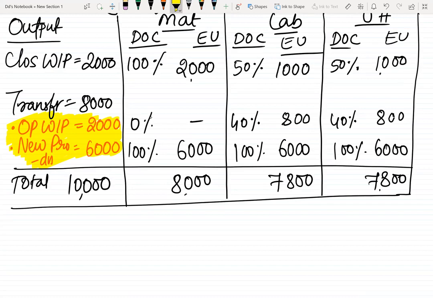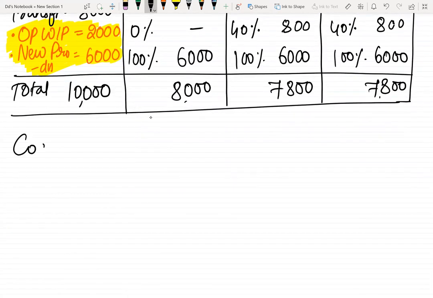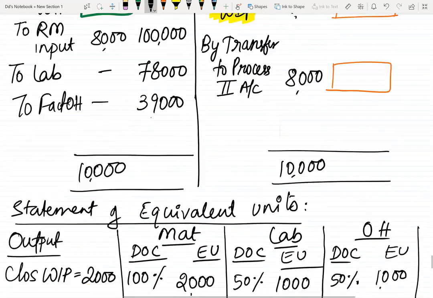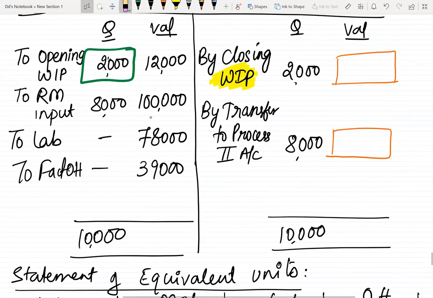Hope you are done. What is the next thing to be worked out? Cost per unit, in that first material cost. Right. Go back to your process account. How much is material cost that you have spent? 1 lakh rupees here.